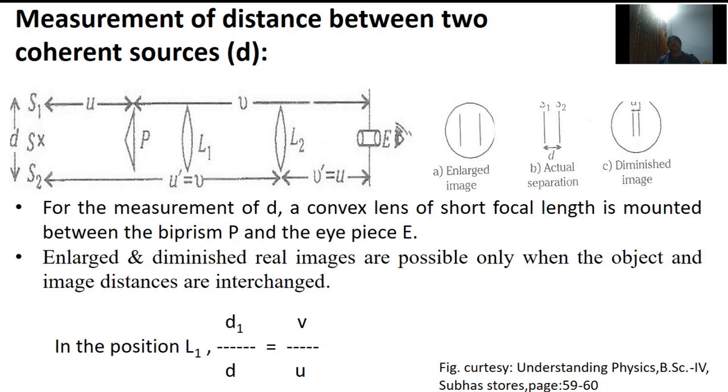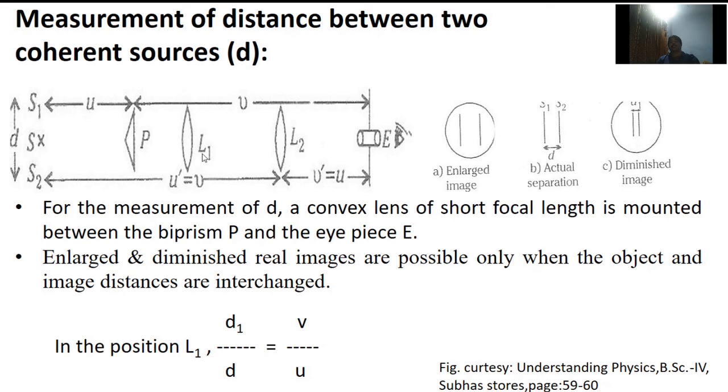We know that from the definition of magnification, magnification is equal to height of the image by height of the object. Therefore, in the position L1, d1 by d is equal to v by u, where v is the image distance and u is the object distance.